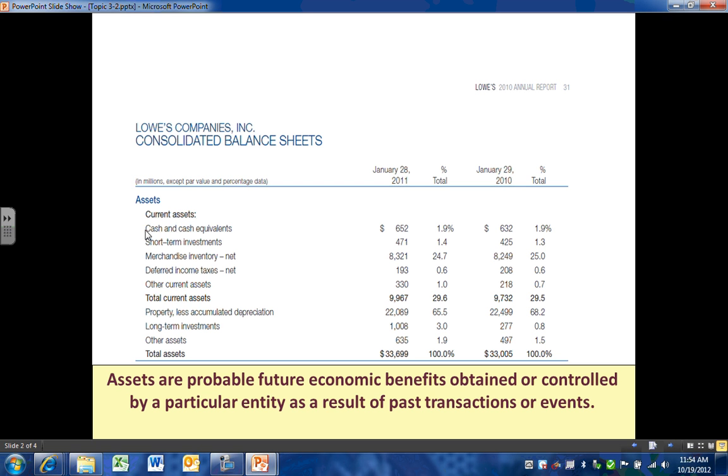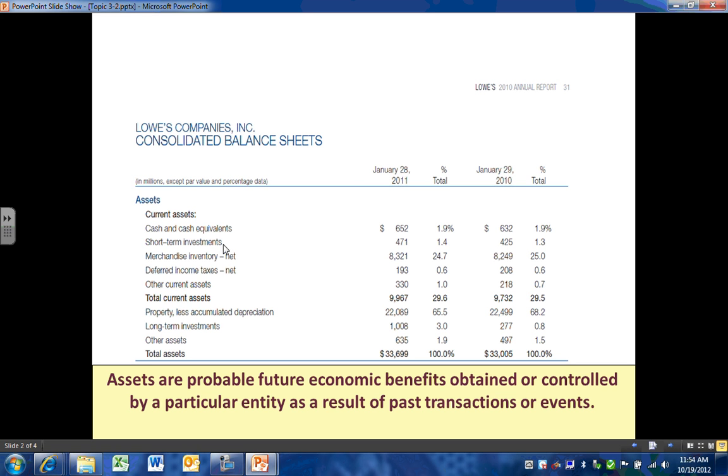We lead off with cash and then present our remaining current assets in order of liquidity. And liquidity means that we convert a non-cash current asset into cash.